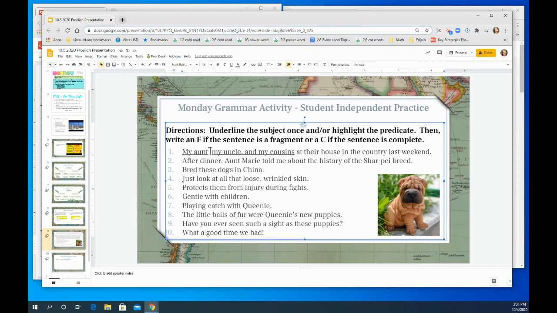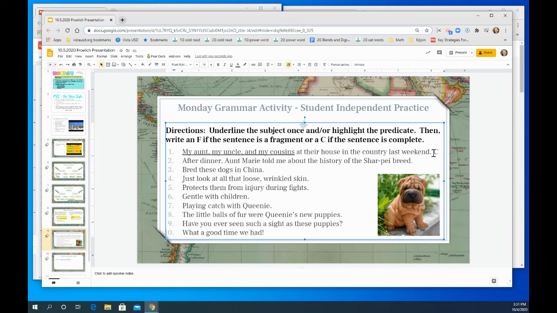So you're going to underline the subject, highlight the predicate. Not all of these have a subject or a predicate. If it has both, then it is a complete sentence, and you would put a capital C at the end like this. I'm going to put Shift C like that. That tells me that you think that's a complete sentence.